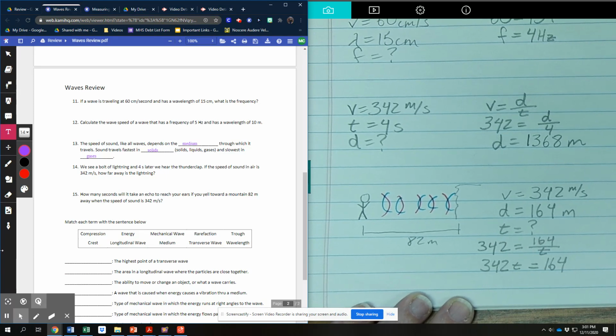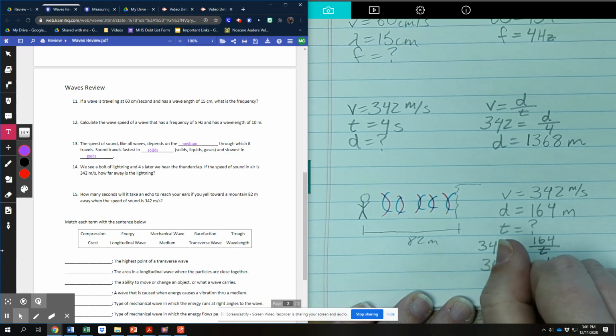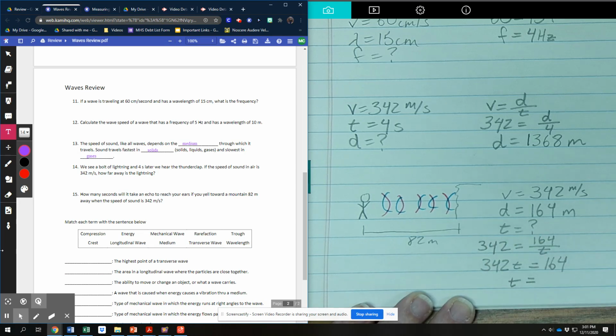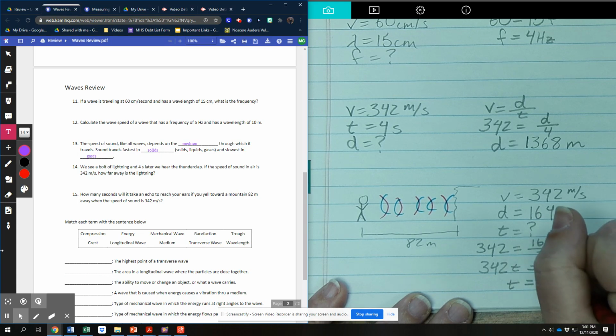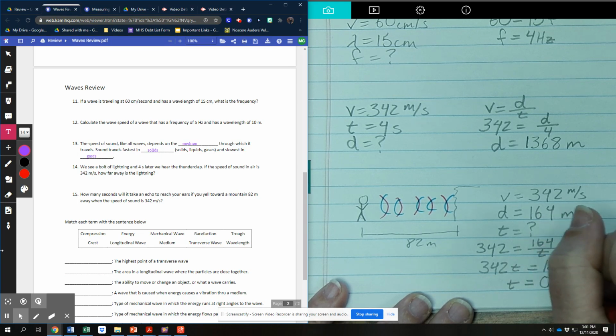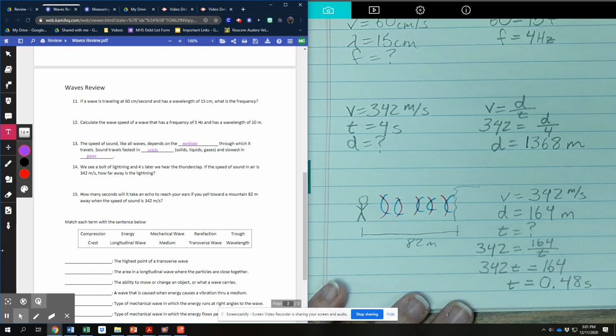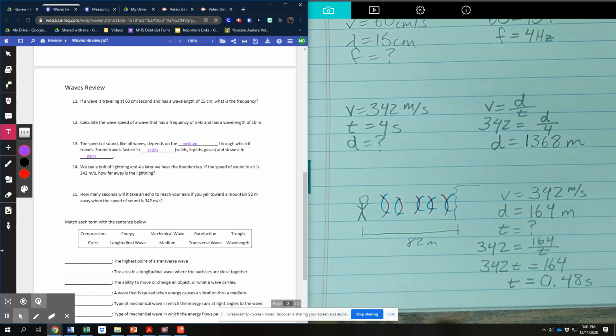And now I can divide both sides. So it should take about half a second.